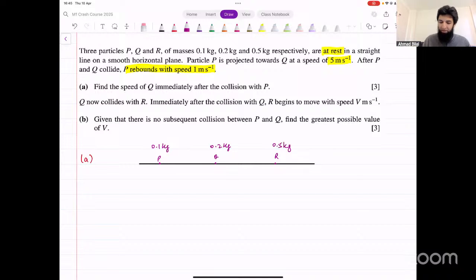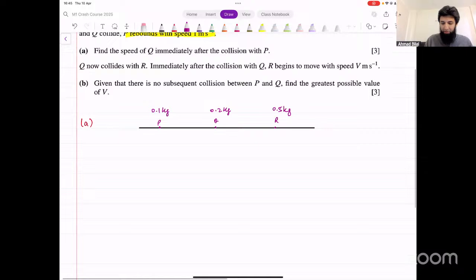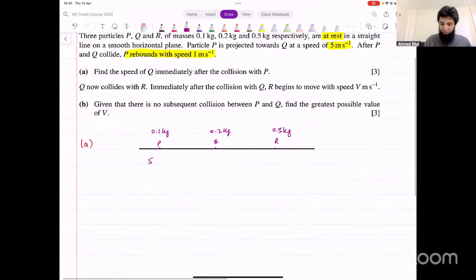Initially, they are at rest, and now P is projected towards Q at a speed of 5 meters per second. So P is going towards the right side at 5 meters per second. Now, this is what's happening before collision.